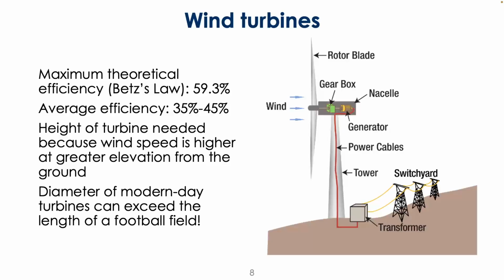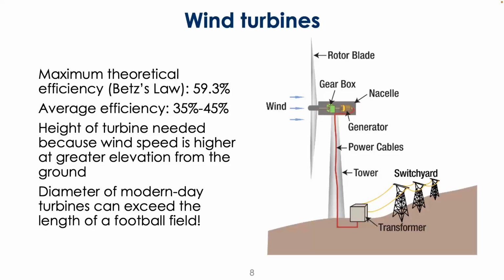These turbines can get really big, and you'll notice if anyone has ever seen one from a distance or actually been to a wind turbine, these things are enormously tall, right? One of the reasons for that is wind speeds tend to be higher at slightly higher elevations above the ground. So we want that height to capture some of the faster moving wind speeds.